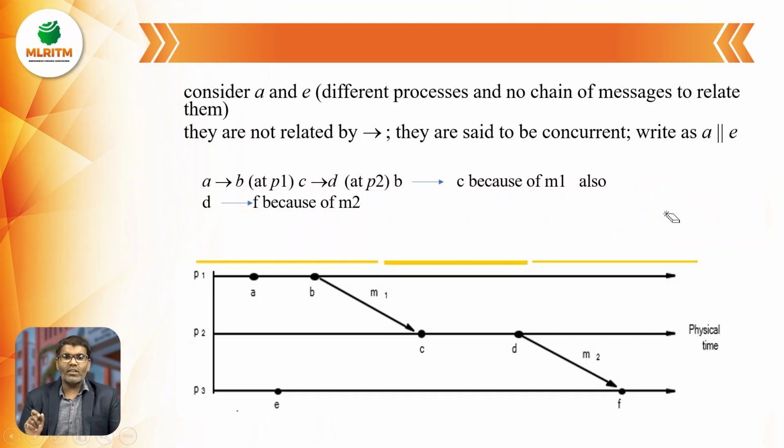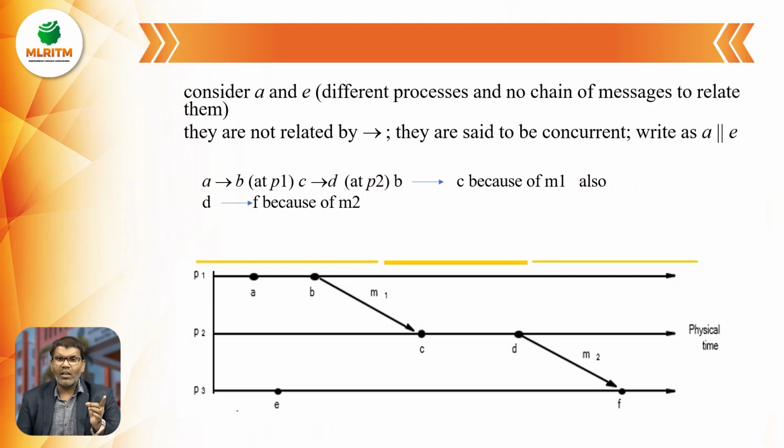So here there is no relation. There is not a related-by arrow between them, and they are said to be not causally related, that is, concurrent. Here we are considering A and B in different processes, and there is no chain of messages relating them.